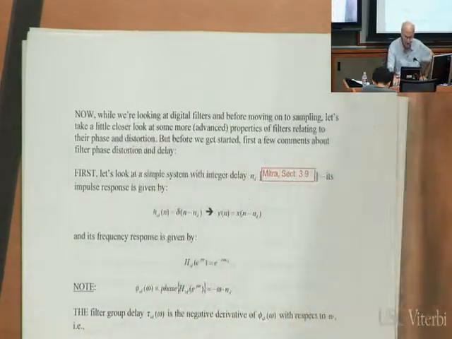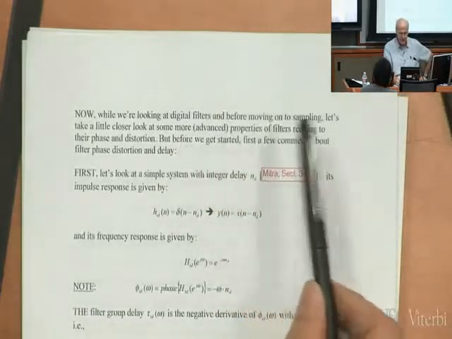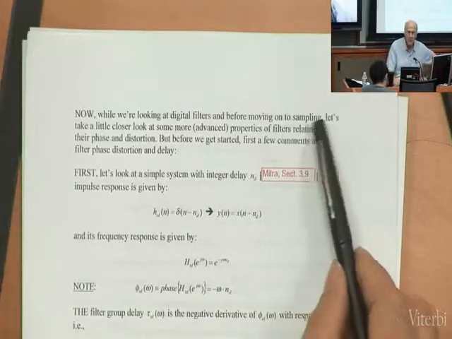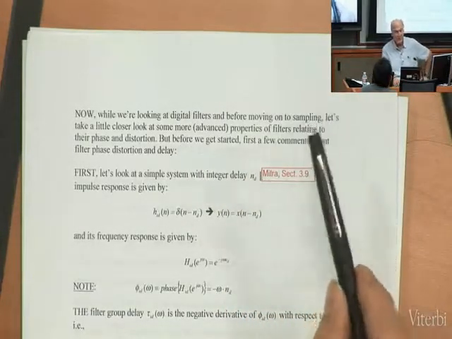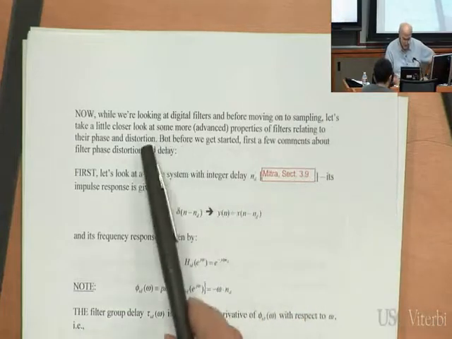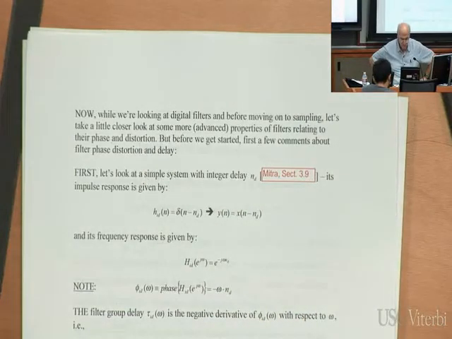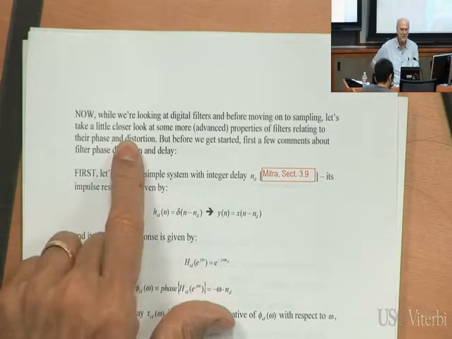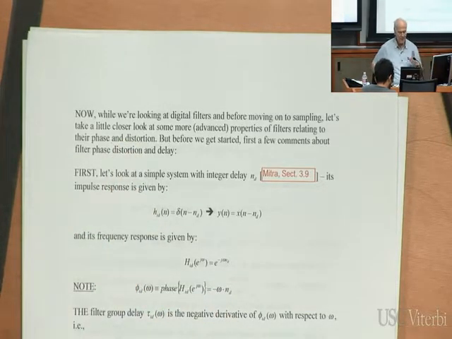Now, while we are looking at digital filters, and before moving on to sampling, which we will do after the midterm, let's take a closer look at some more advanced properties of filters, because we've talked a lot about magnitude. I haven't talked much about phase and the role it takes in doing filtering.